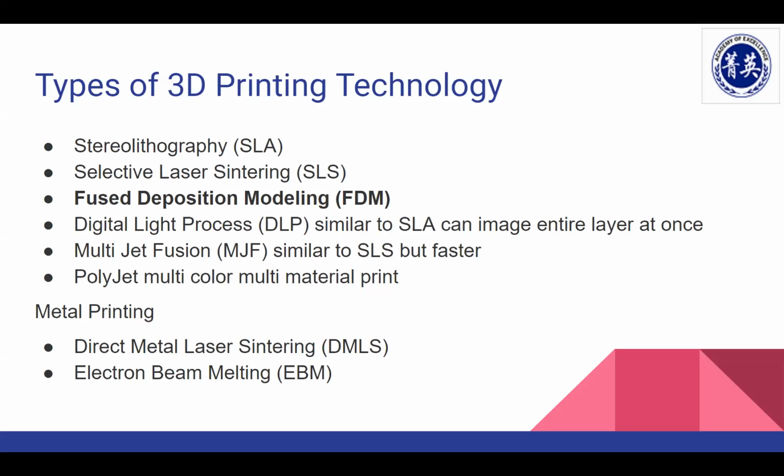Now, the SLS machine is very similar to the SLA machine, but instead of a liquid, SLS uses a powdered material. You use a laser to harden this powdered material, then go down layer by layer, right? Fused deposition modeling, FDM, is what general household, desktop, and hobby machines are mostly built on.